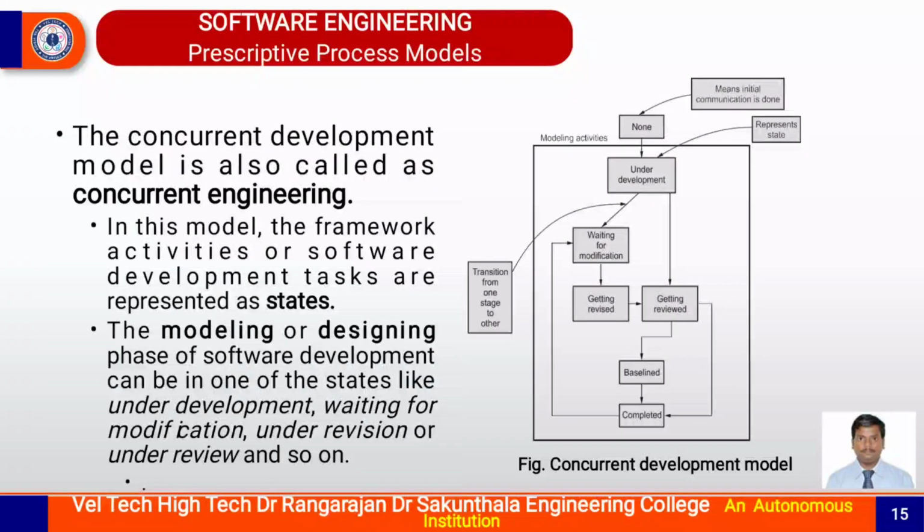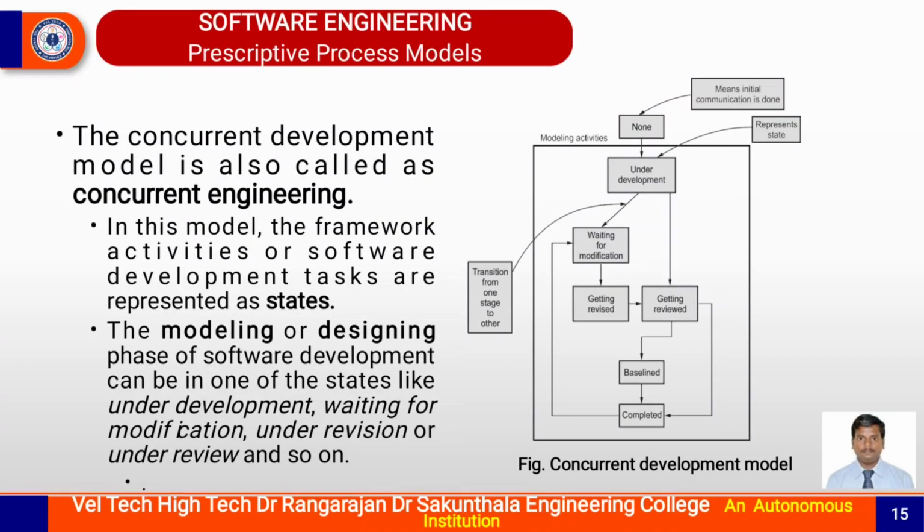Okay. So, based on this, the transition from one stage to another is passed to modeling activities. So, modeling activities will have under development, waiting for modification. After that, you will receive revised or reviewed based on a baseline and a completion process. So, it represents different states, which means initial communication is done through the modeling activities.